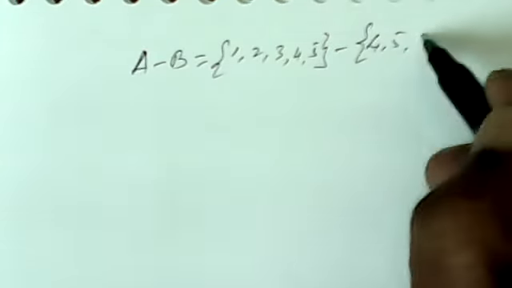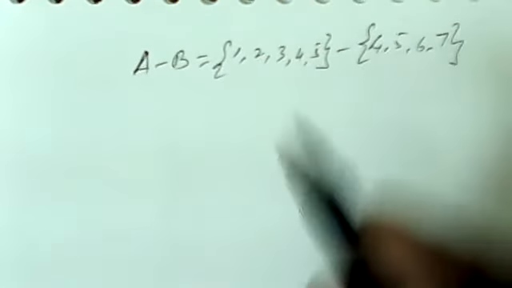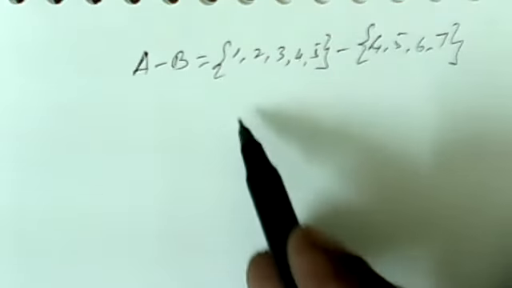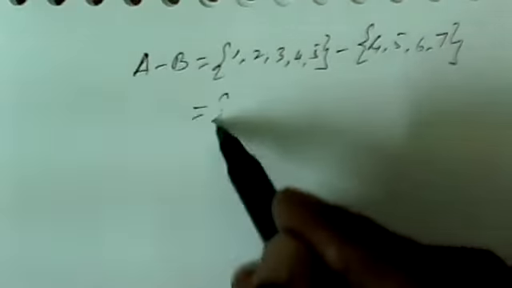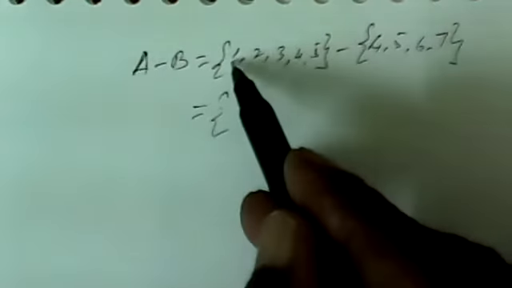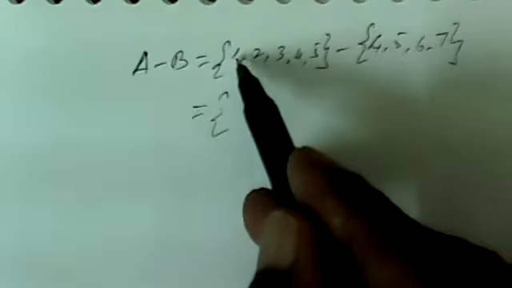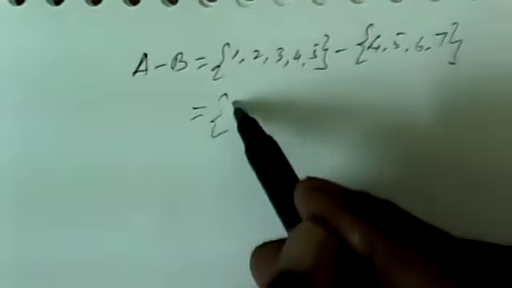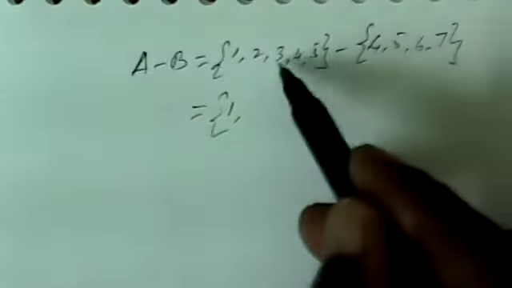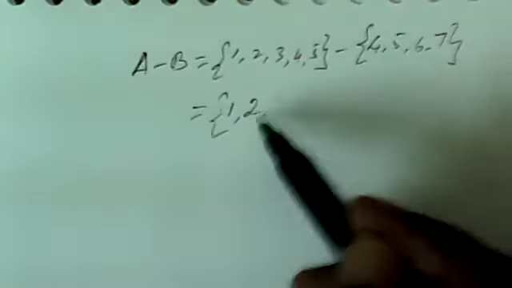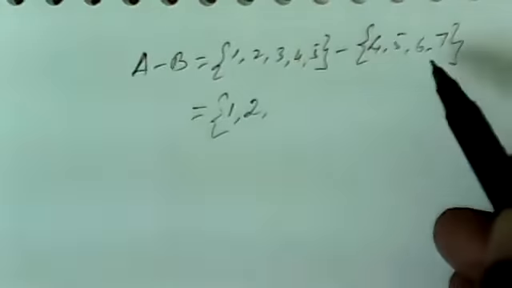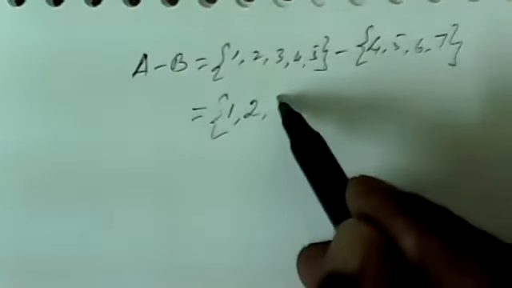A minus B contains elements that are in A but not in B. So we start writing by looking at the elements of A; if it is in B, don't write. So 1 is in A, it's not in B, so we can write it here. 2 is not in B, so we can write it here. 3 is in A, not in B, so we can write this 3.